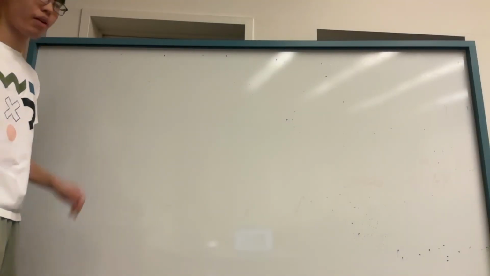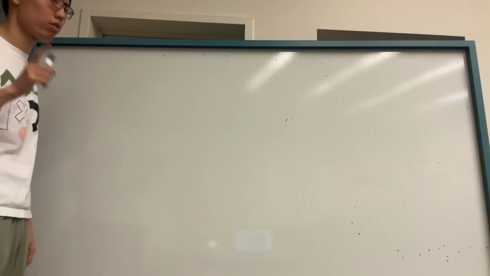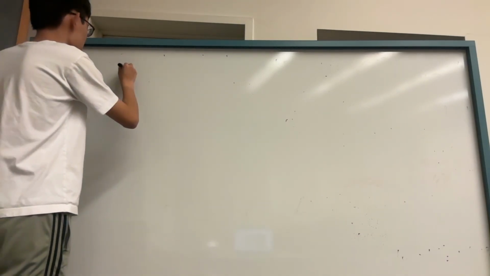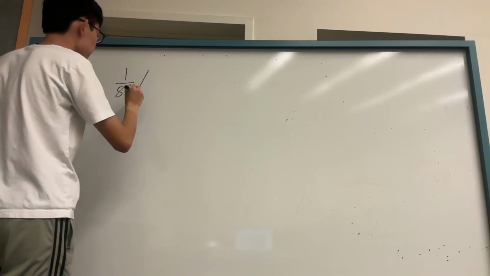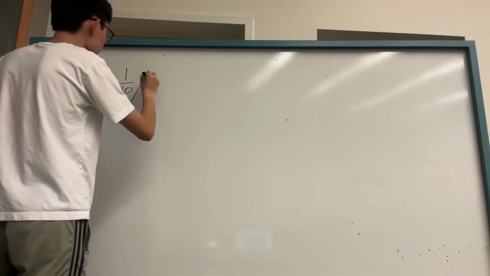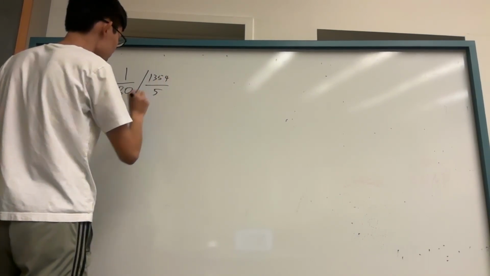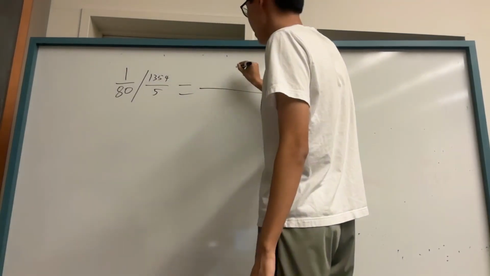Okay, before I go, I want to explain very clearly why dividing by a number is the same as multiplying by its reciprocal. So let's do our first question, 1 over 80 divided by.